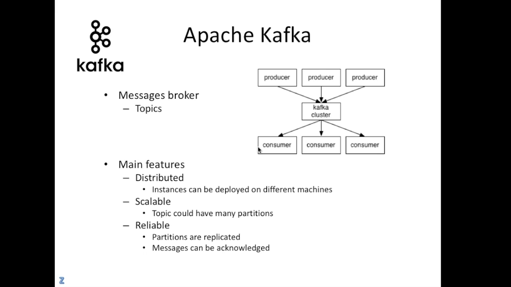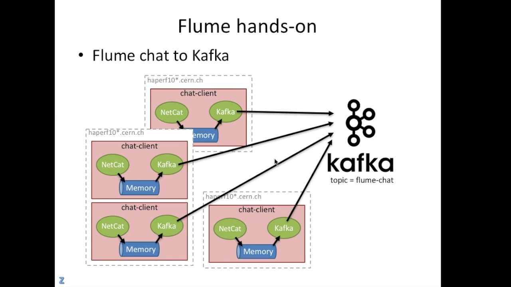So this changed our architecture of the chat: instead of using a Flume agent here, we just put Apache Kafka. Later on, in the next step, we'll also show you how to sync the data in almost real time from Kafka to HDFS.